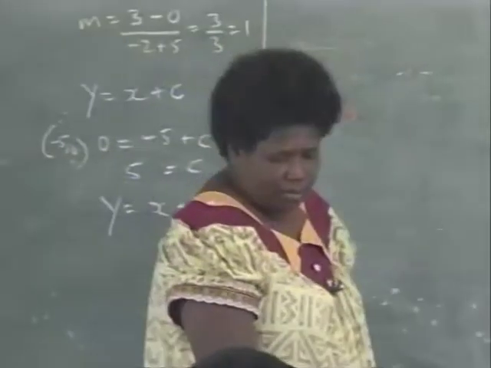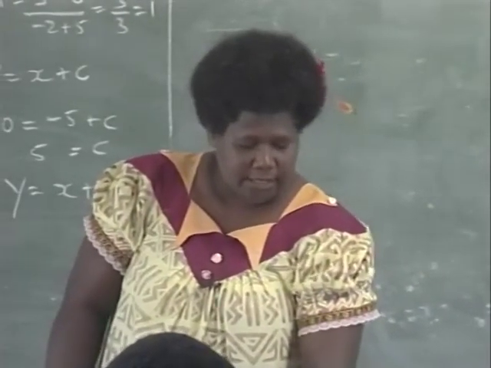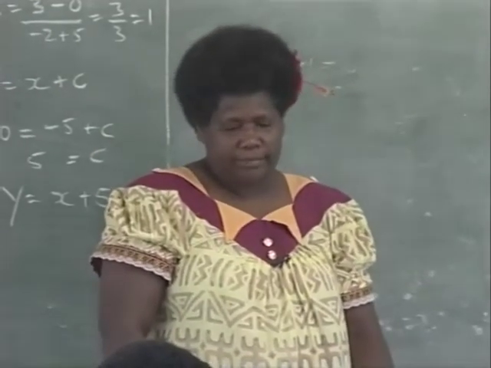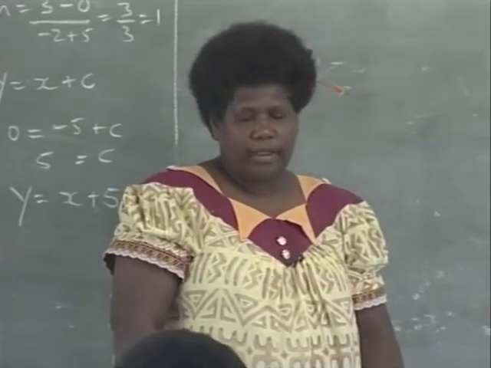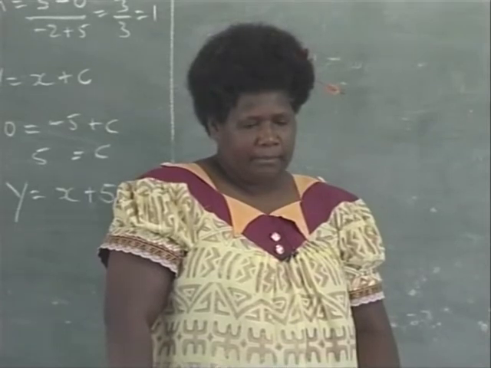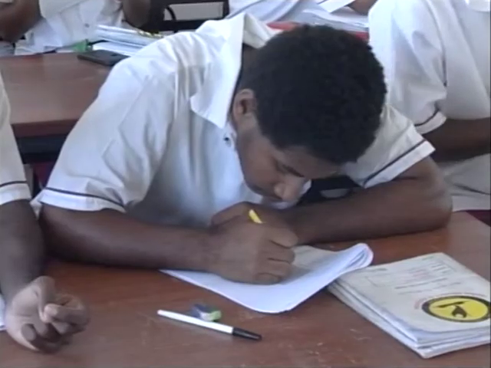Let's just go back. It says, from the graph we can see that the speed of the car after 2 seconds is 16 meters per second. Can you locate it on your graph? 16 meters per second at t equals 2.